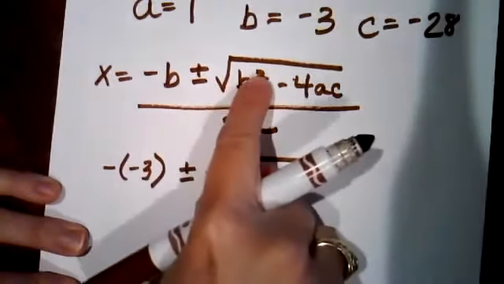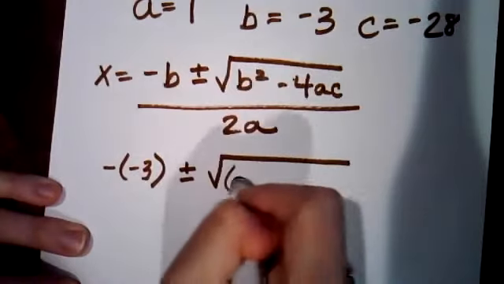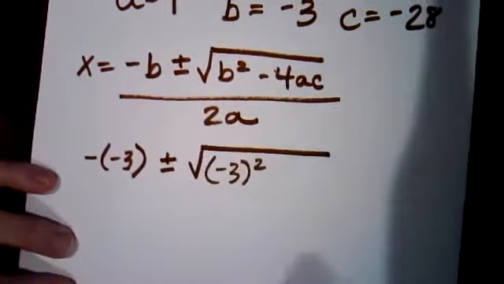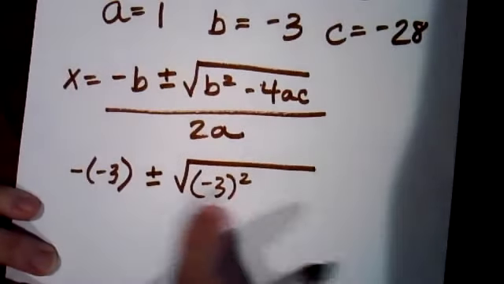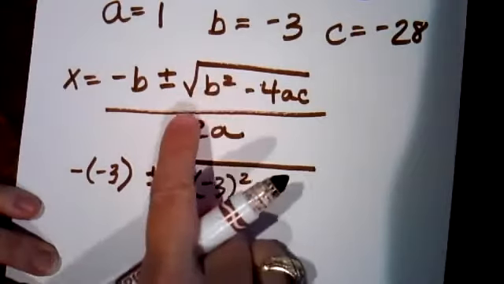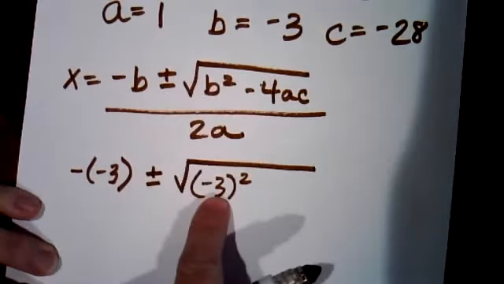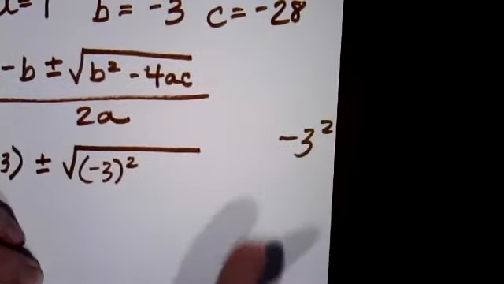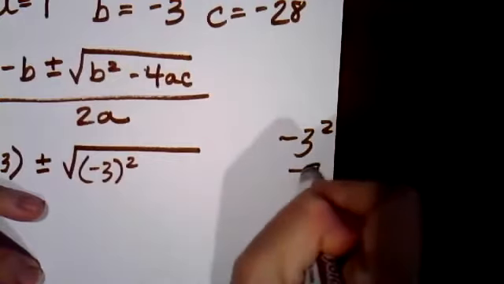Okay, so b squared, again, I'm going to show you all my work on this one, and on another one I'll show you a shortened version. Be careful, this is b squared, not like this. If we have this, it would be a negative 9.